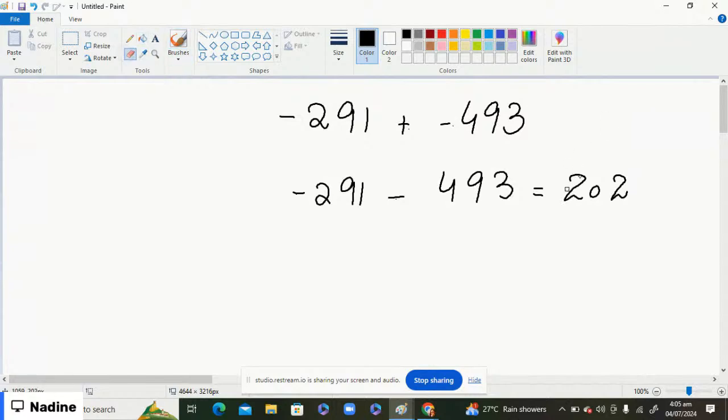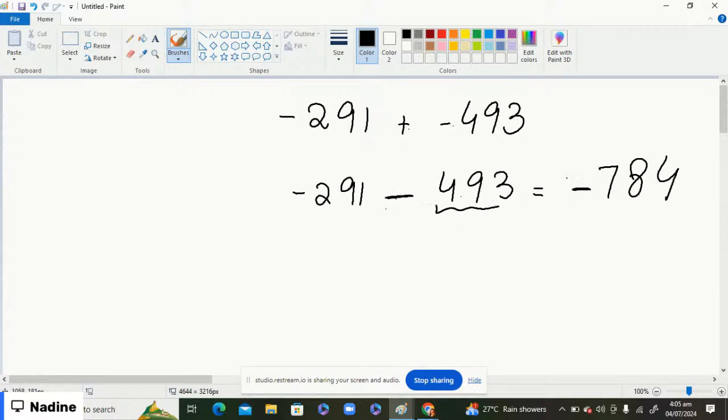Okay, so we are just going to add up both of them and then put the sign of the greatest number. When we add both numbers, you get the answer 784. And which sign do you put? The sign of the greatest number. Here the greater number is negative, so we put a negative sign.